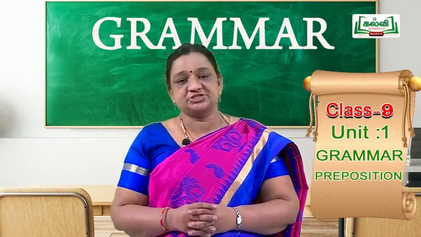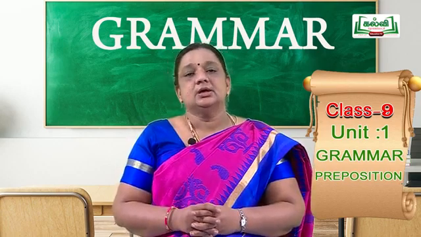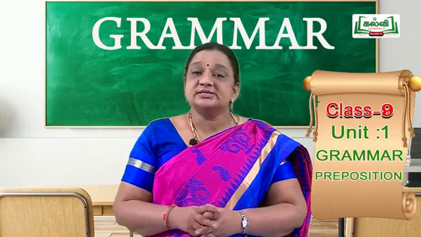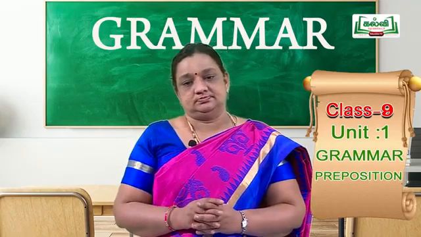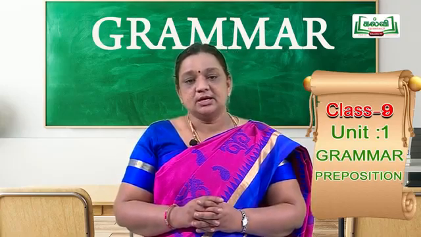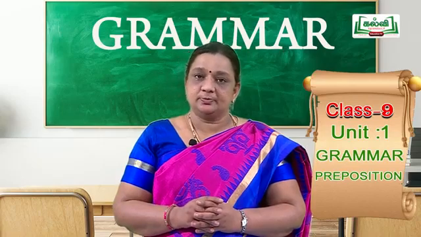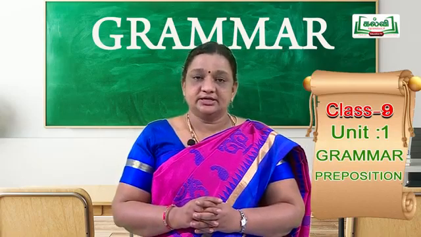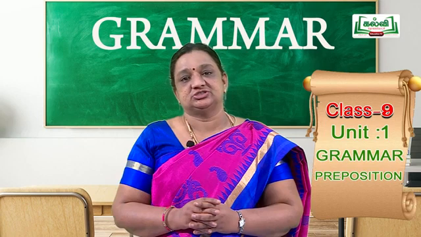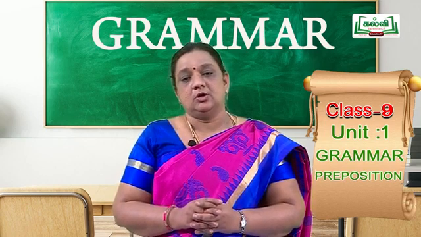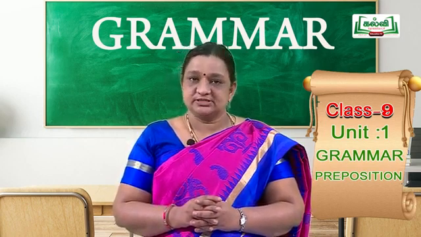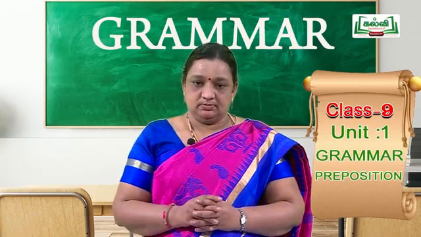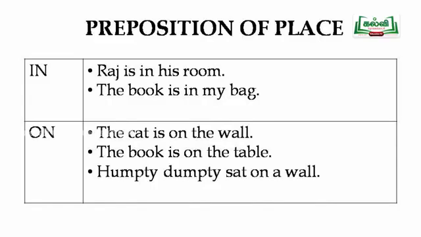Going to the next preposition, on. On tells us that the noun is above something. Something is in the position that is physically touching, covering, or attached to the upper surface.